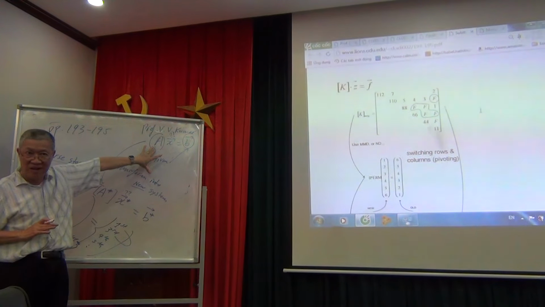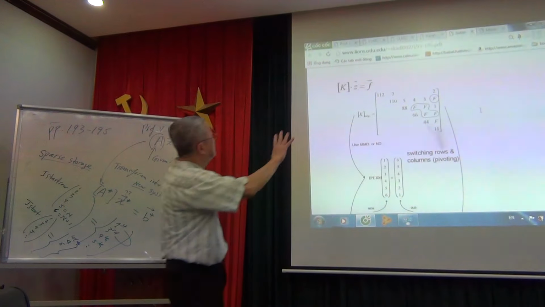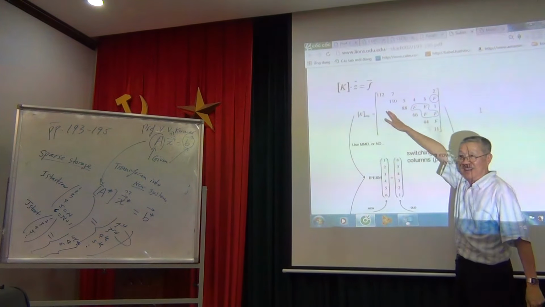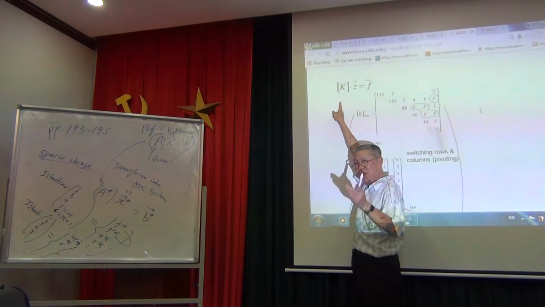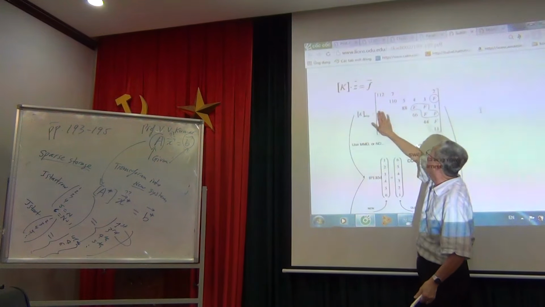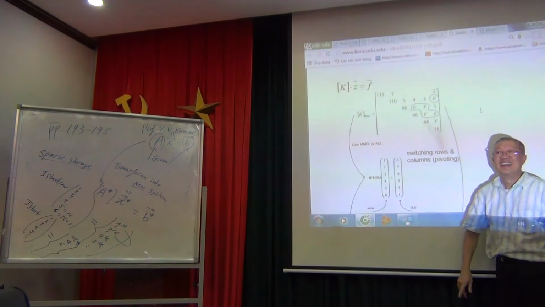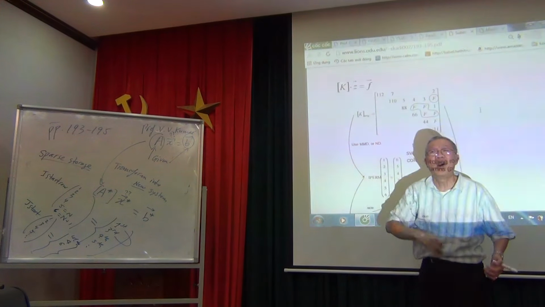Okay, so let me go back to this story. Professor V.V. Kumar. It will be related to this story. Okay? Take a look at this system right here. Suppose I give you the matrix K, symmetric, positive definite. I have the F. And let's say K looks like this. Now, when I put a dot here, it means what?